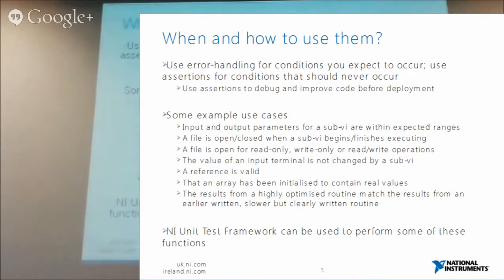These use cases I took out of Steve's book, so I haven't thought of all of them on my own. Things like checking input and output parameters to a sub-VI to make sure they're within an expected range, making sure you've opened a file in the correct manner, that is, read-only or write-only if you want it to be, checking that values of input terminals haven't been changed by a sub-VI, and that references are valid.